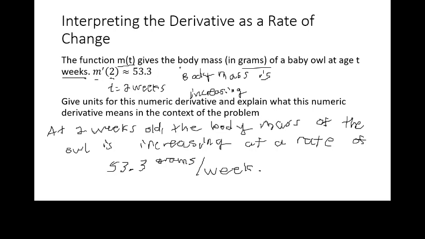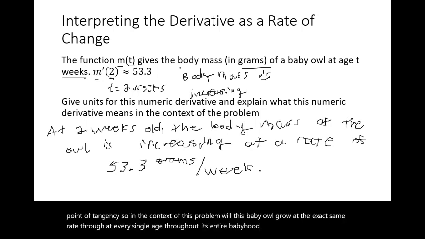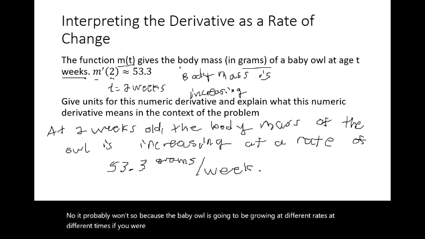No, it probably won't. So because the baby owl is going to be growing at different rates at different times, if you were to evaluate the derivative at, let's say, 1 week, that derivative is going to be a lot different than the derivative at 2 weeks, because it's going to be growing at different rates from 1 week and 2 weeks.